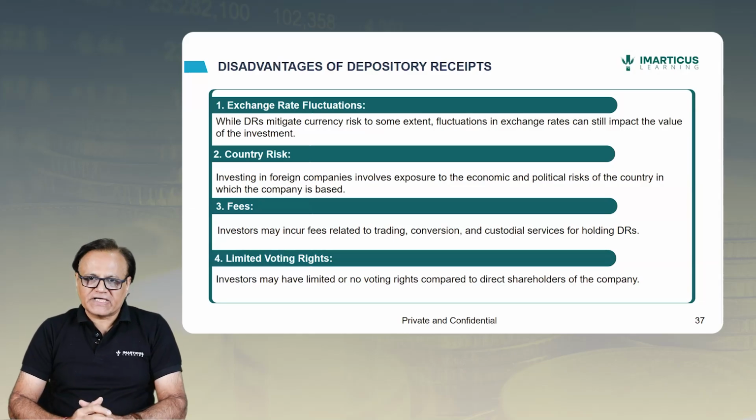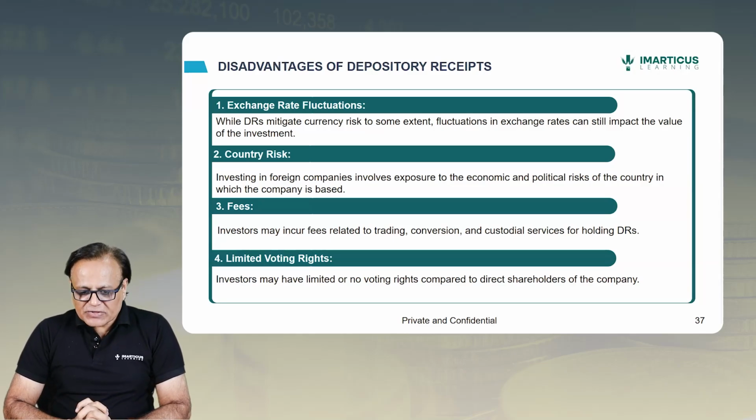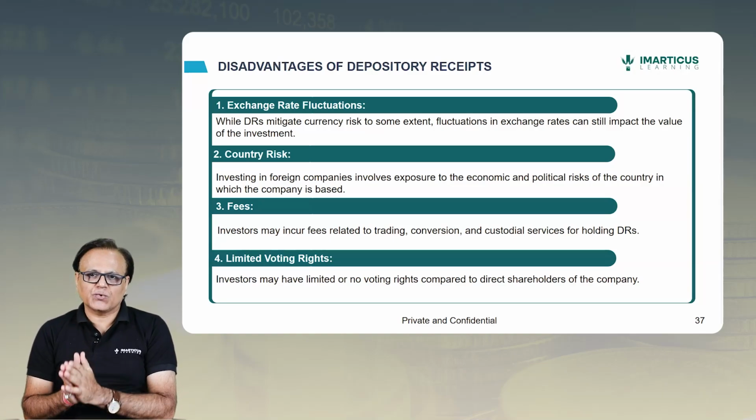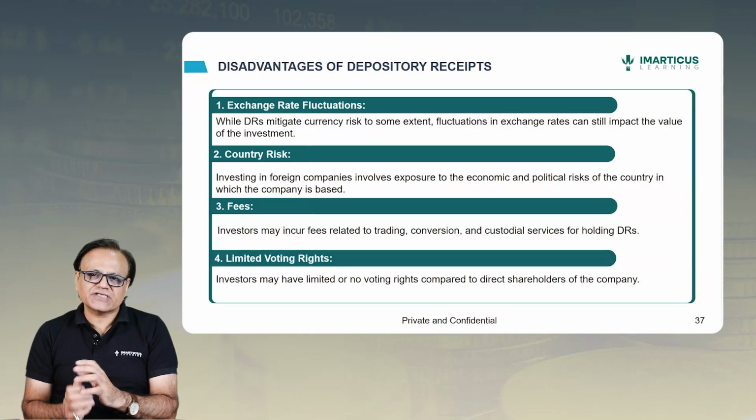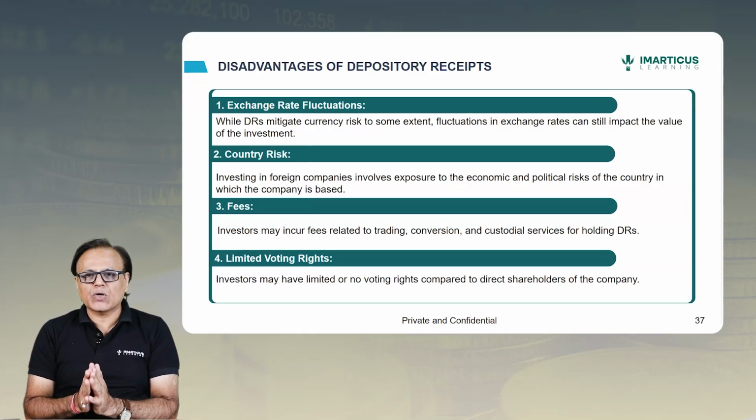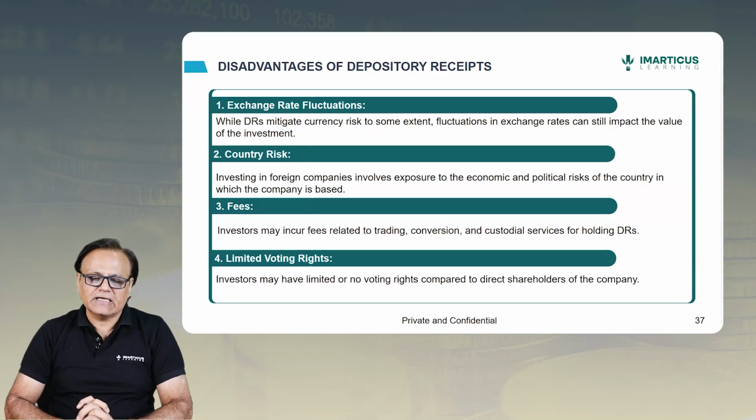Finally, the voting rights. The depository receipts have limited or no voting rights compared to the direct shareholding in the company. So these are DRs, they are representing the shares of the company but do not have any voting rights attached to those.